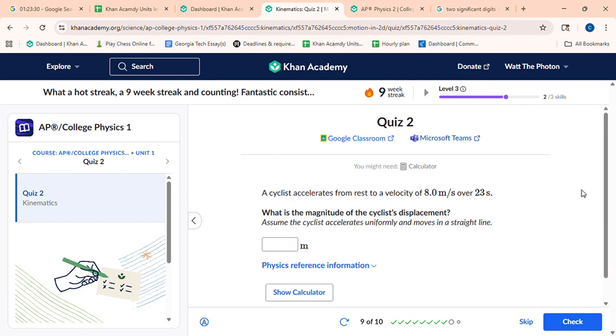Yay! Cyclists accelerate from rest to a velocity of 8 meters per second. So we have V naught is equal to 0, V equals 8, and T equals 23. What is the magnitude of their displacement?